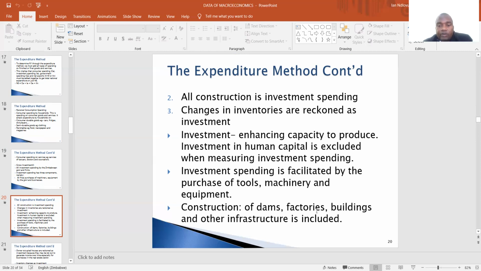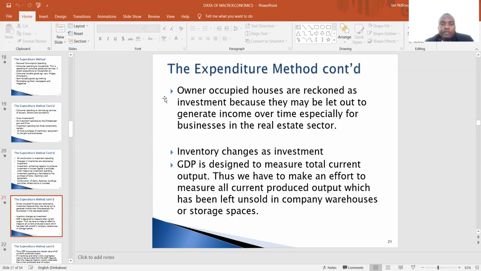So the construction of dams, factories, buildings, and other infrastructure in an economy is included under investment. Owner-occupied housing or residential units are reckoned as investment because they may be let out to generate income over a certain time period, especially for businesses in the real estate sector.